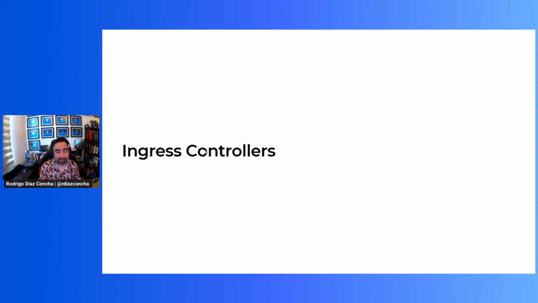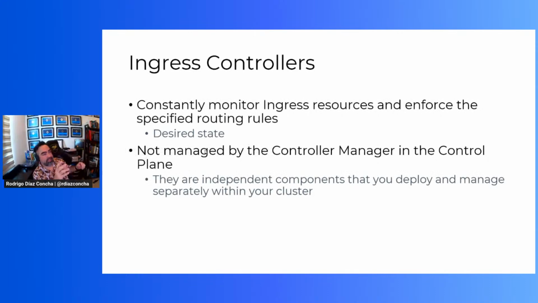Before I do that, let me explain to you ingress controllers. So ingress is this object that you create by using a manifest file. You deploy the ingress, but there must be something that is watching those ingress objects. This is similar to the controller manager for deployments and the controller for replica sets. Those are controllers that are members of the primitive objects in Kubernetes.